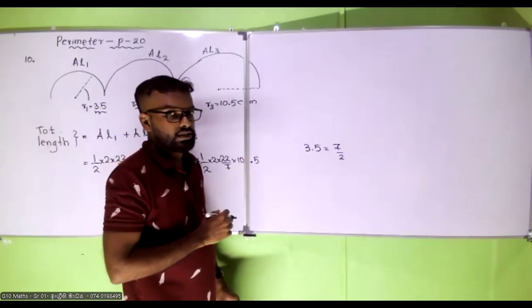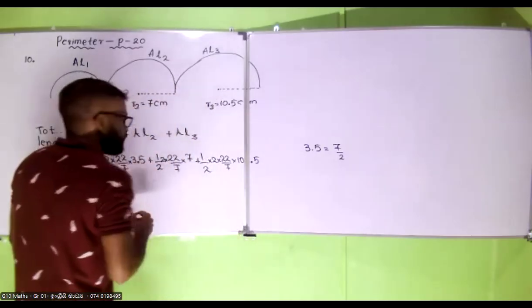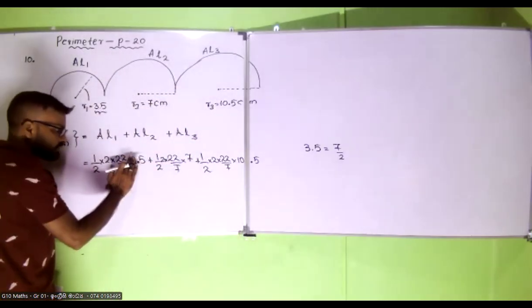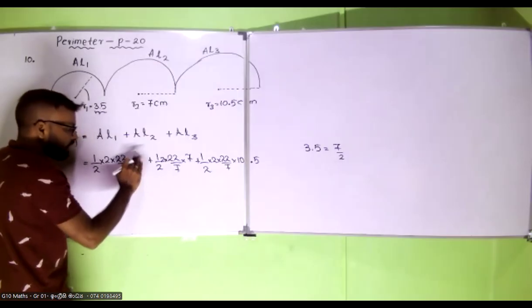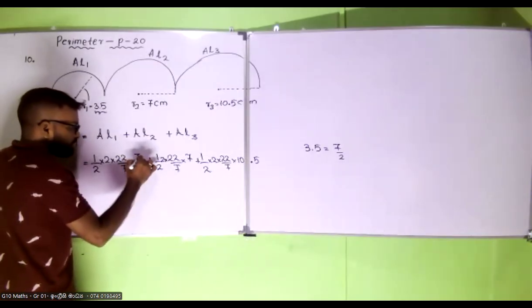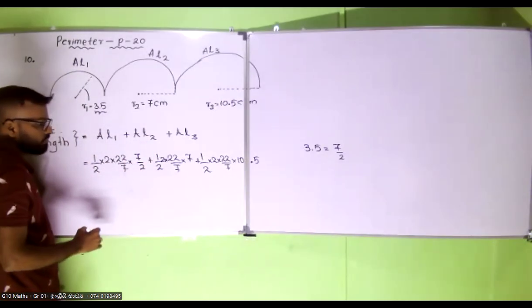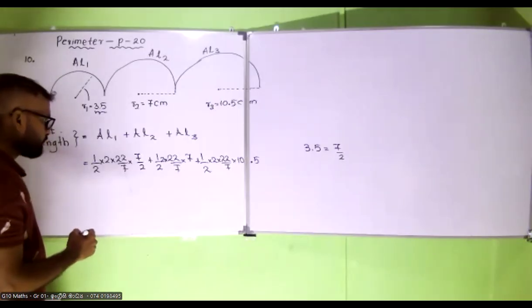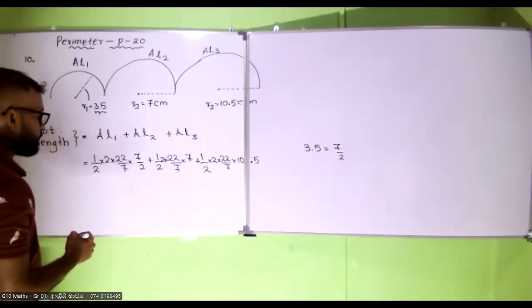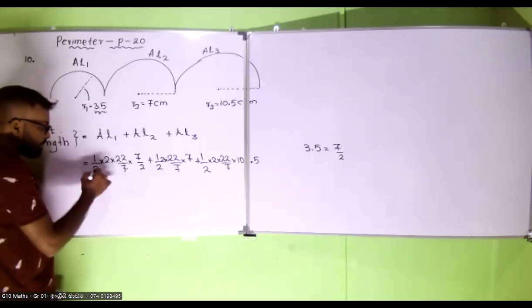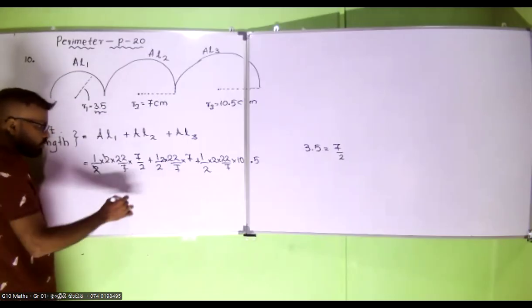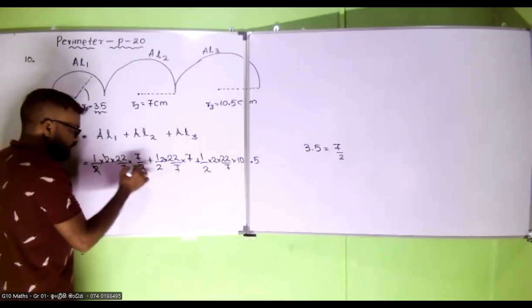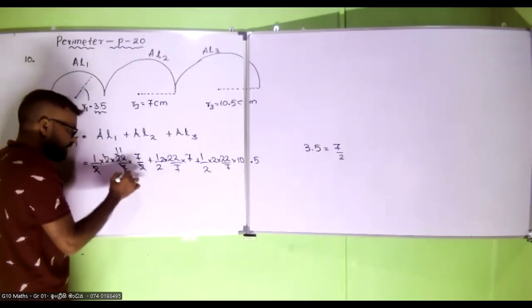Because simplifying is easy. So here you have 3.5, and I will replace it with 7/2. Okay. Super.